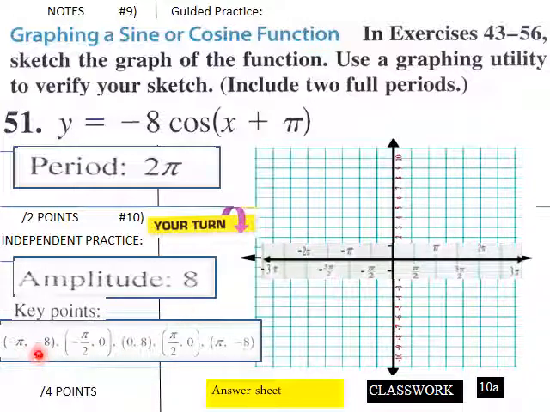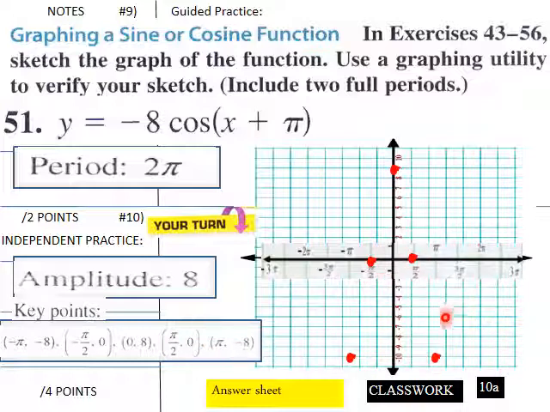So when x equals negative pi, y equals negative 8, and then when x equals negative pi over 2, back to 0, and then when x equals 0, y equals 8, and then when x equals pi over 2, y equals 0, back down to there.